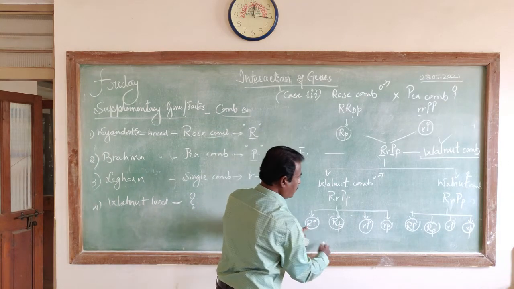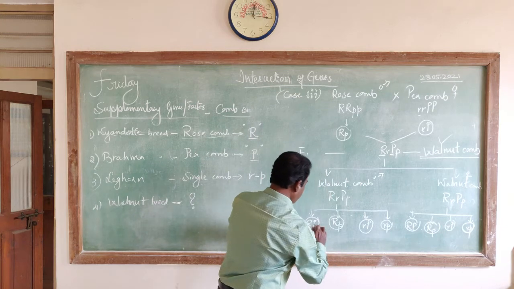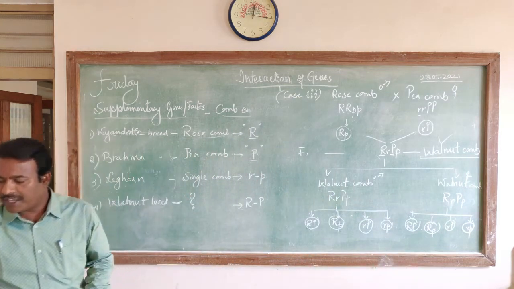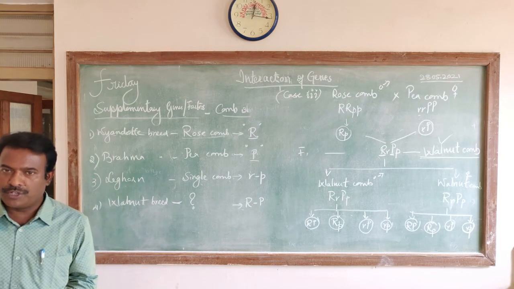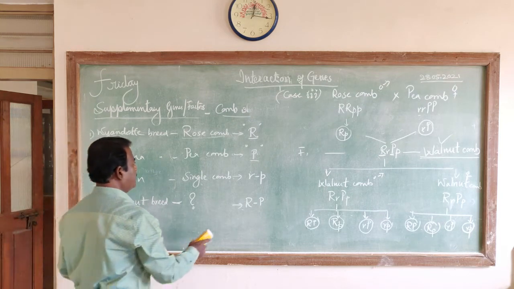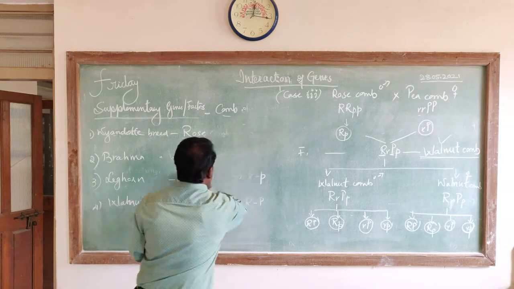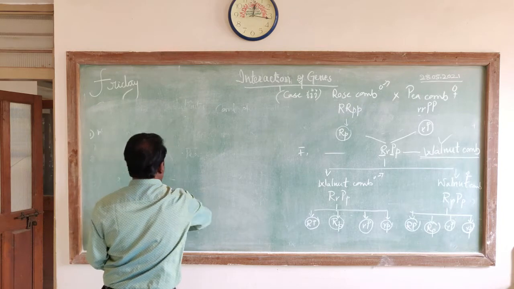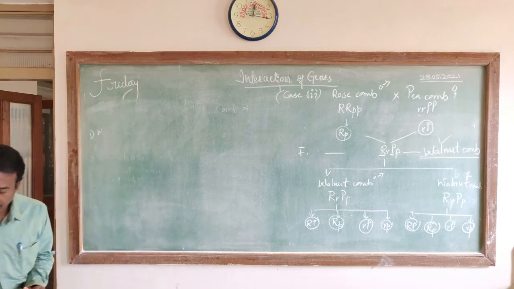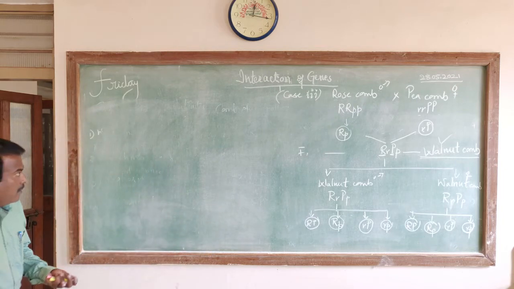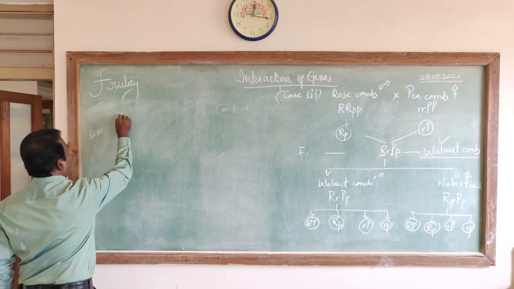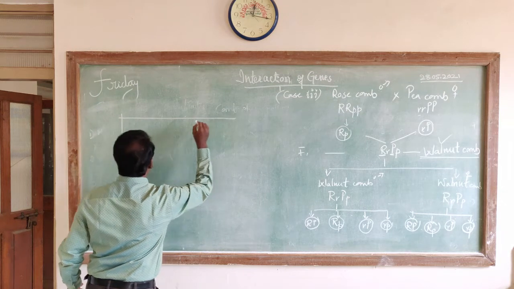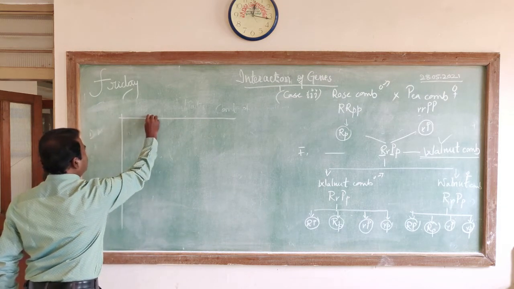If this unites with this, what will be the combination? This with this, what will be the genotype? Here we need to take the help of a checkerboard or Punnett square. Let us do it here. We need to draw a table having columns and rows, 16 squares.